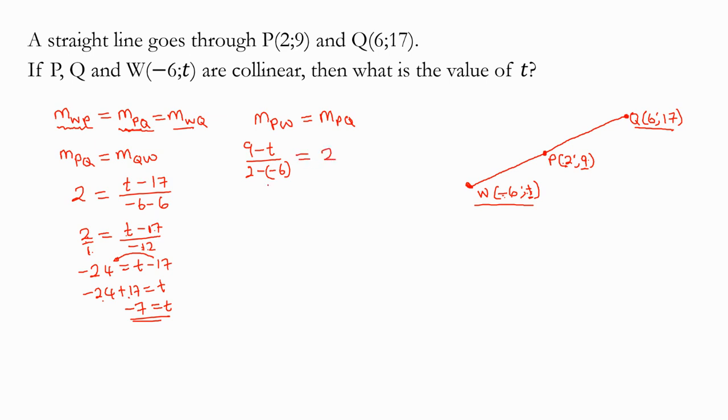And the gradient of PQ is 2. So before we cross multiply, 9 minus T over 2 plus 6, which is 8, is equal to 2.